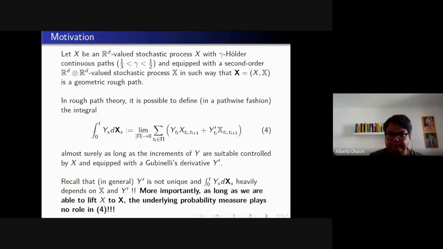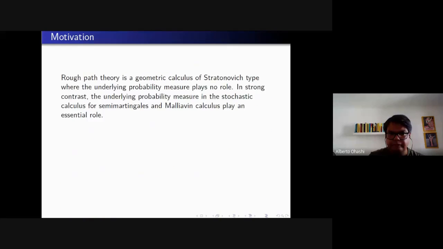Because of this, roughly speaking, rough path calculus is really a geometric calculus, in the sense that when you consider the change of variables formula, f of X, where X is equipped with a geometric rough path, you get the usual change of variables formula, just like in classical calculus.